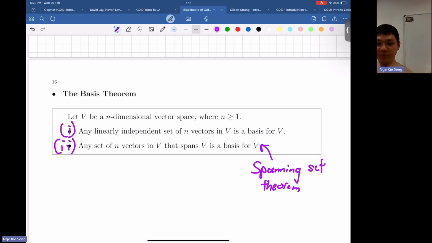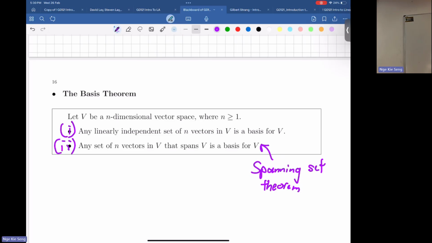So the main point here before we finish this part is that if you know the dimension of a vector space already, for example R3 or Rn, correct or not? If you already have n linearly independent vectors there, they will span. No need to check.